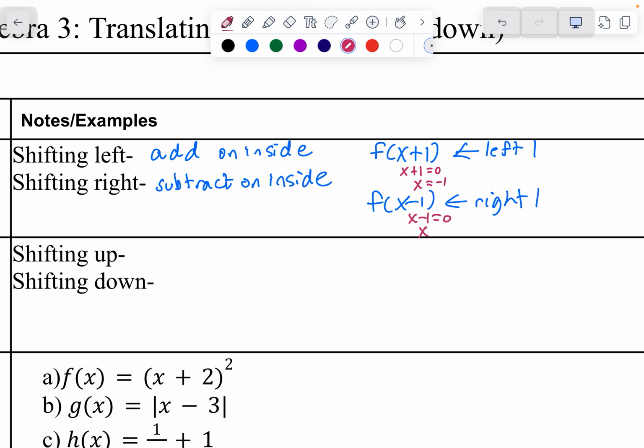Now, what do I mean by inside and outside? Well, if we have a function and we add one on the outside, it's going up one. If we're subtracting on the outside of the function, it's going to go down one. So it's just some rules that are helpful.